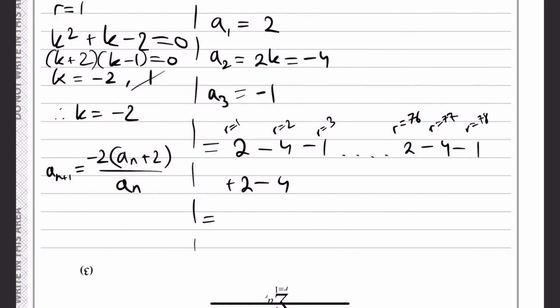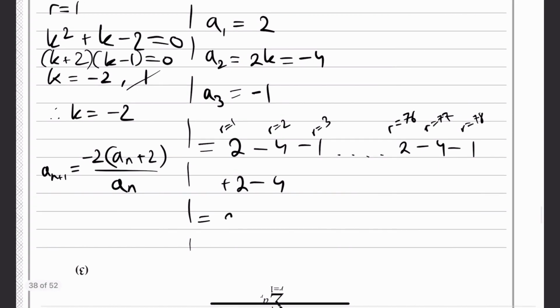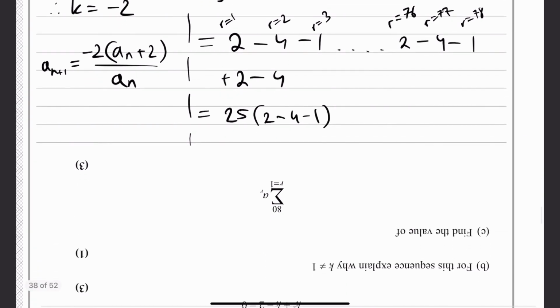So 75 divided by 3 is 25. So there's 25 multiples of this, plus 2 minus 4, which is, okay, there we go. That was pretty confusing, but I think I've got it in the end. I hope. Which is equal to negative 77. How odd.